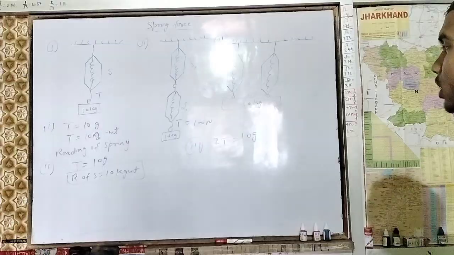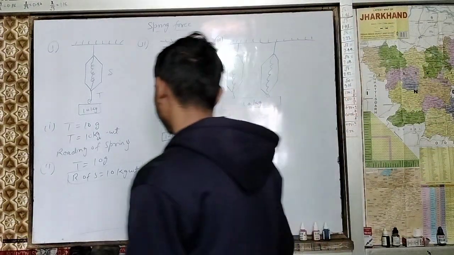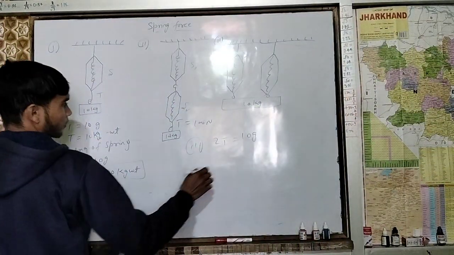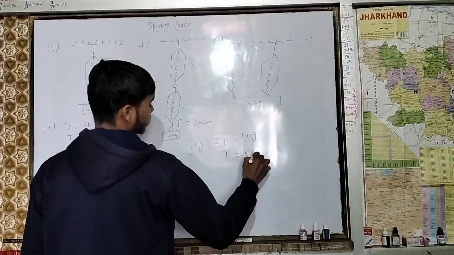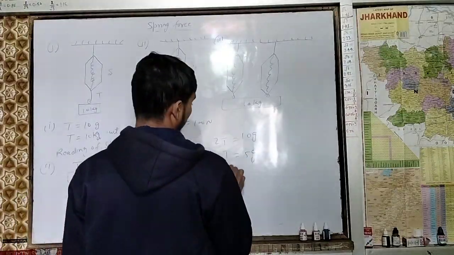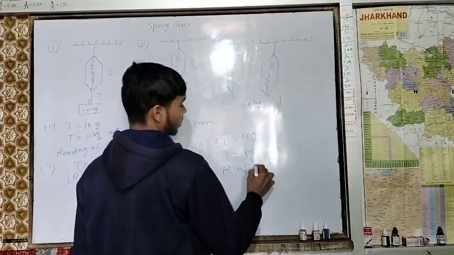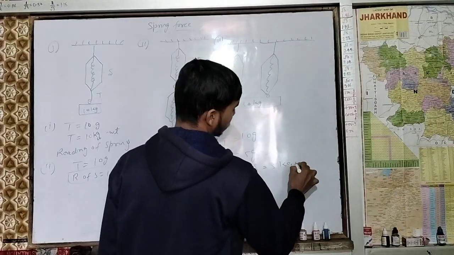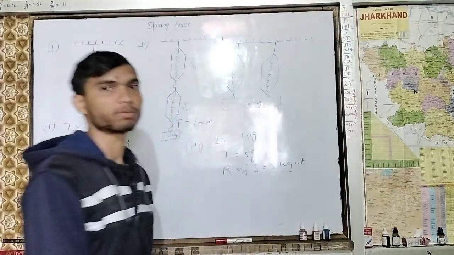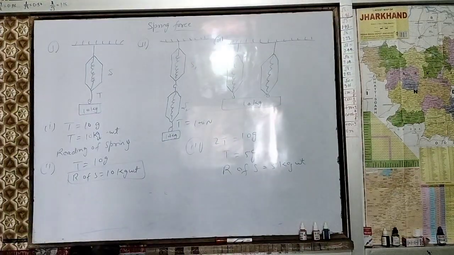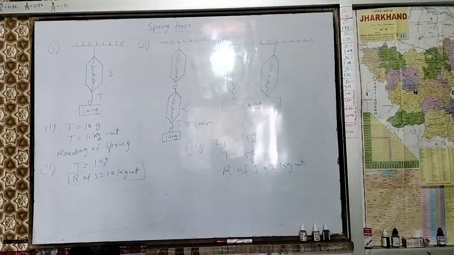So 2T will be equal to 10g. Over here, T will be 5g. You can say the reading of the spring will be 5 kg Wt. Am I correct? That is how you will find the reading of a spring.